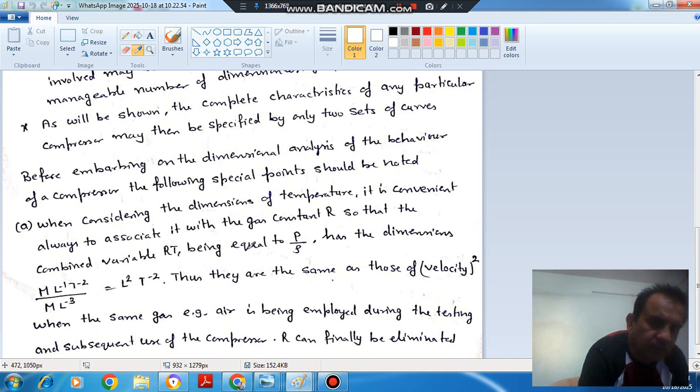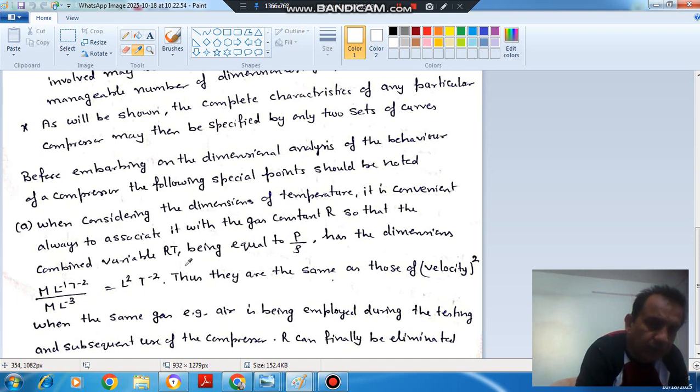So RT will be equal to P by rho, and the dimension of P is ML^-1 T^-2, and the dimension of rho is ML^-3. So the fundamental variables are now only three, M, L and T, and the dimension of RT in terms of fundamental variables is L^2 T^-2, because the dimension of P by rho is L^2 T^-2. So the dimension of RT would be the same as that of P by rho.